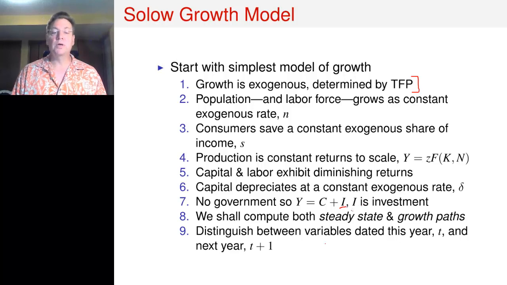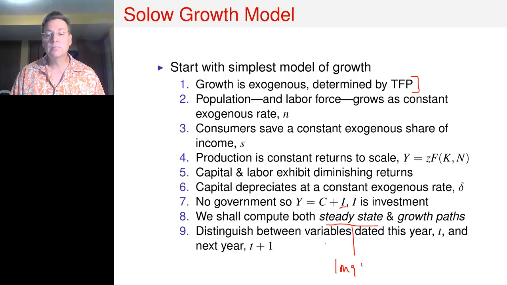Now what we're going to do then is we're going to compute both a steady state, which we can think of as the long run, and we're going to look at growth paths, which we can just think of as transitions between steady states.